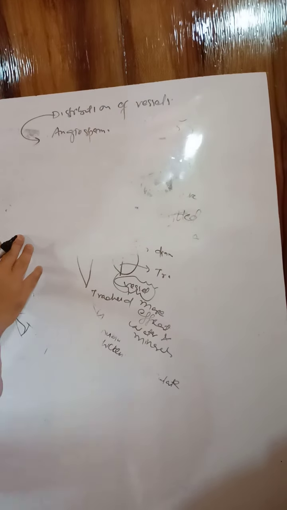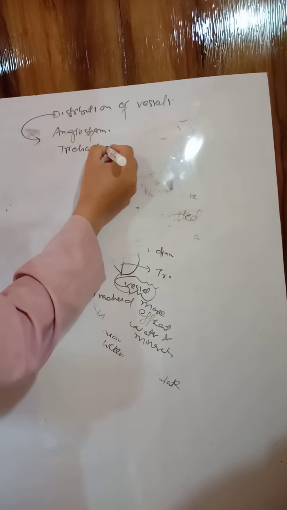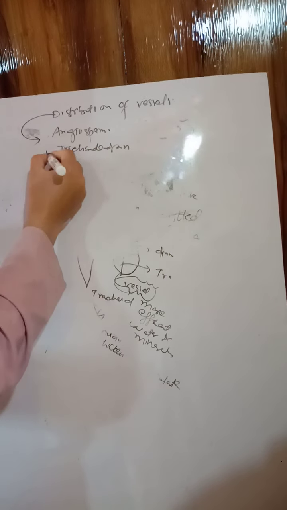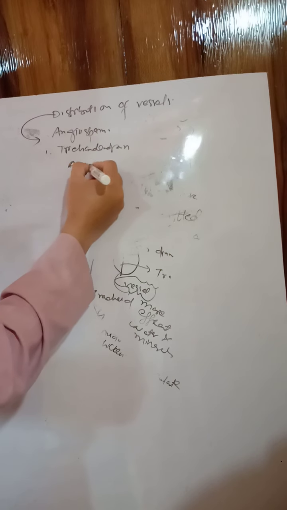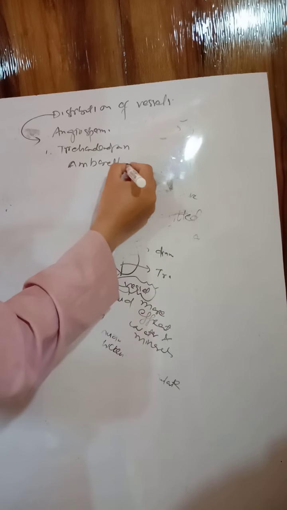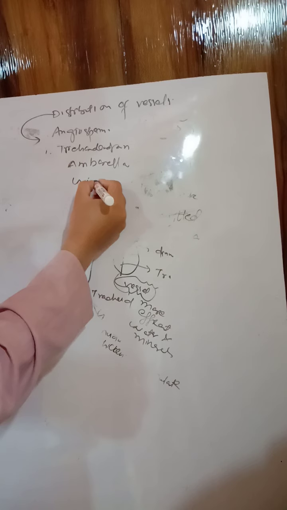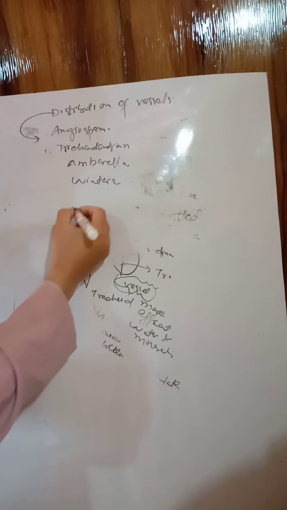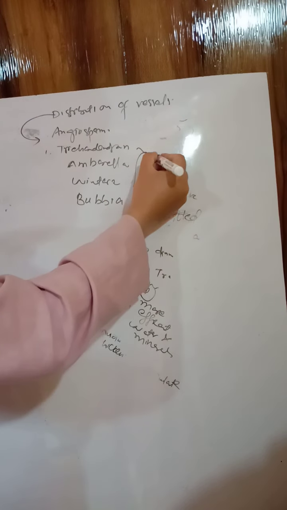Vessels are found mostly in angiosperms, but there are certain angiosperms in which vessels are absent, like Trochodendron, Amborella, and Winteraceae. In these plants or families, vessels are absent.